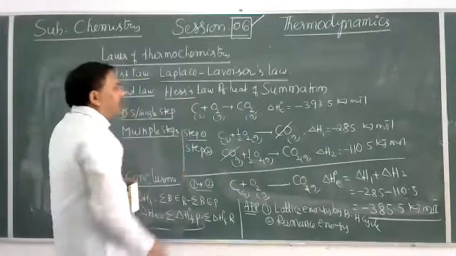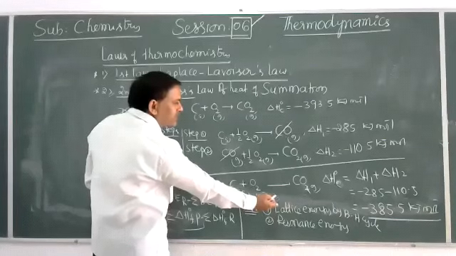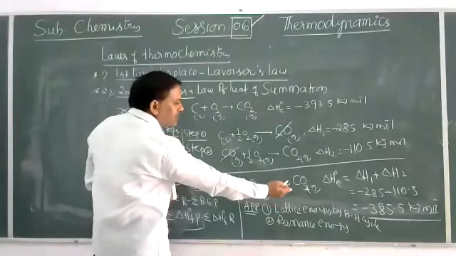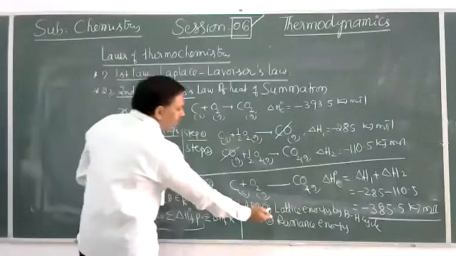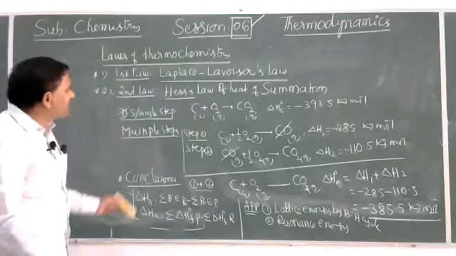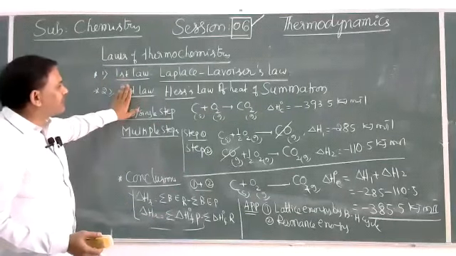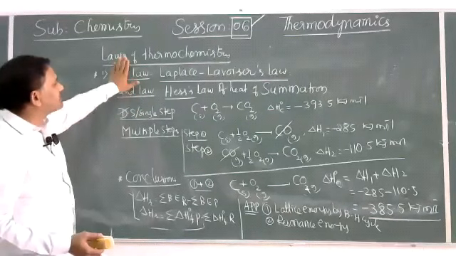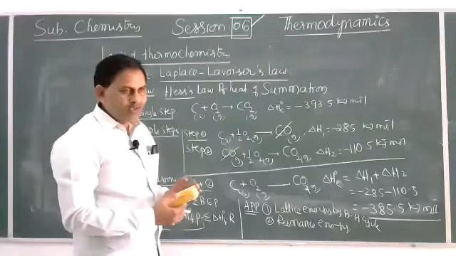So by using Hess's law, lattice energy of the system we can calculate by using the Born-Haber cycle, through these multiple steps, and also resonance energy. These are some important applications and conclusions of Hess's law of constant heat of summation. This is under the laws of thermochemistry. Clear? Okay.